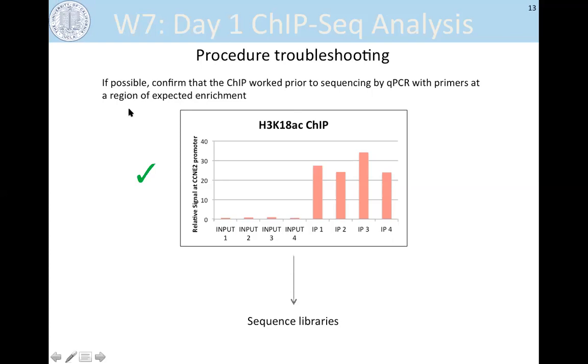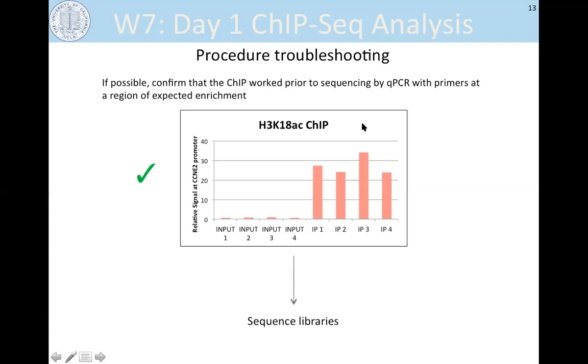To do that, you really need to have a site in mind where you expect defined enrichment. That isn't always the case, but a lot of the time it's a gene that is expected to have enrichment for the protein you're chipping. For example, this was a ChIP for acetylation of H3K18, which is known to be at promoters of active genes.